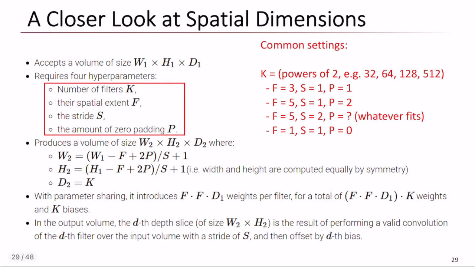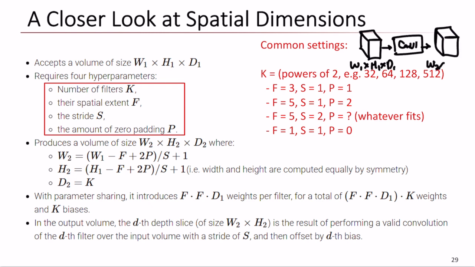To sum up, we can summarize the spatial dimension of the convolution layer like this. Let's suppose that the size of your input was W1 times H1 times D1. Then with one convolution, let's suppose that your output size was W2 times H2 times D2.